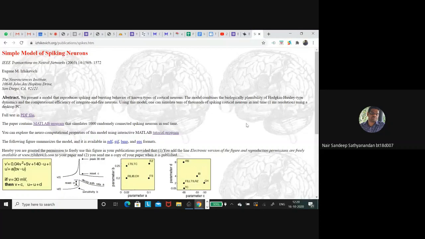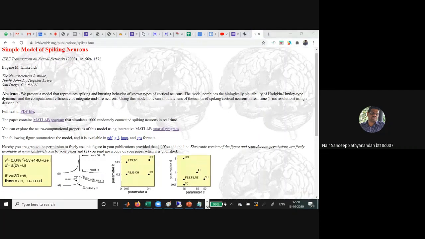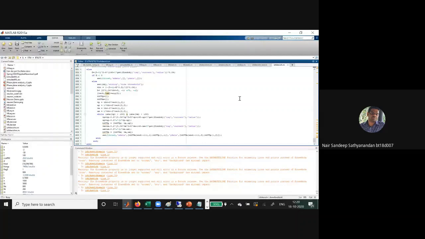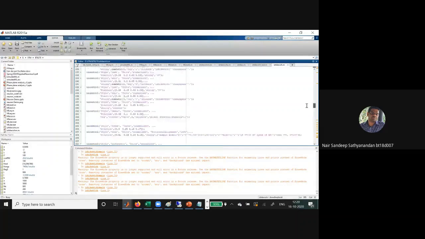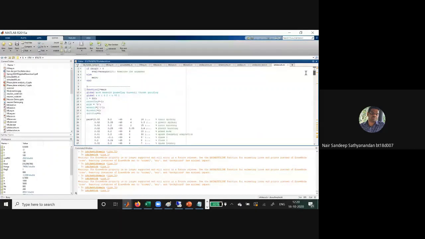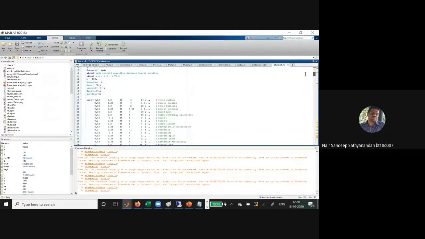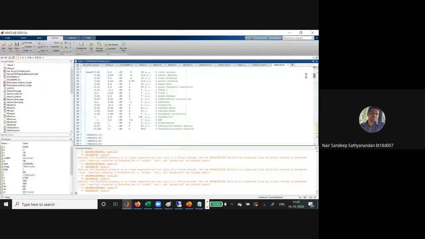We'll be using that to simulate some of the bursty and spiking behavior. So this is the code. It is a very simple code. It uses only 4 parameters, and then directly the equation. It looks longer because we have different parameters for different spiking types, that is tonic spiking, phasic spiking, and so on.